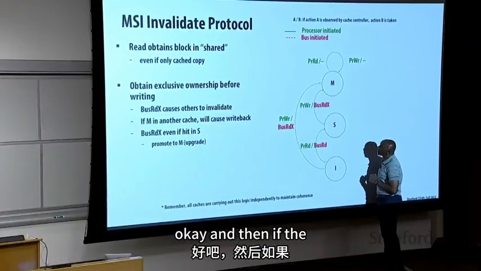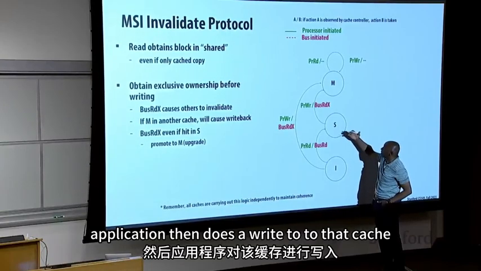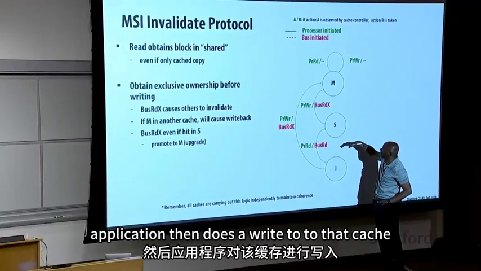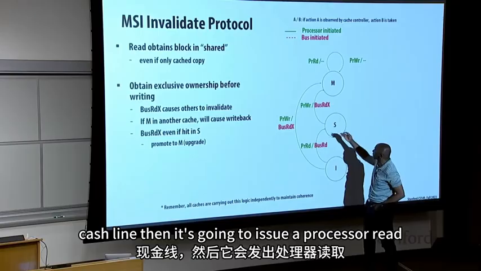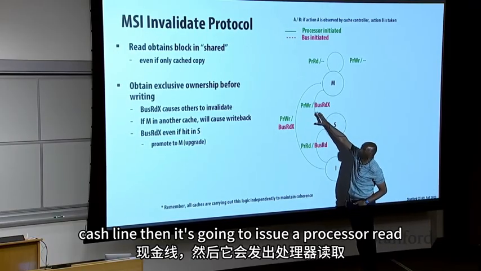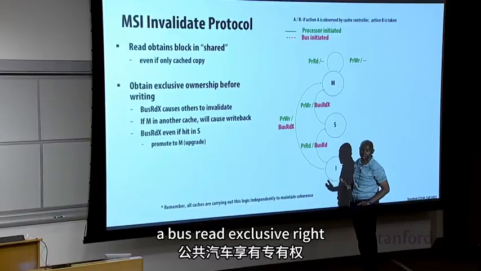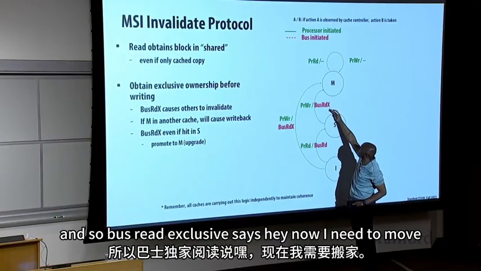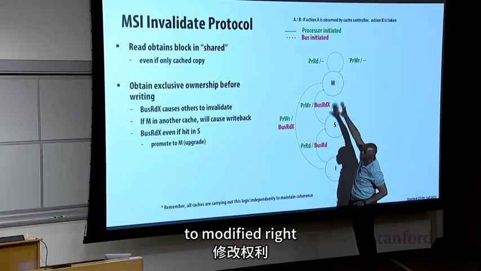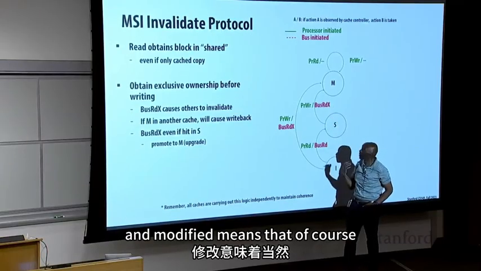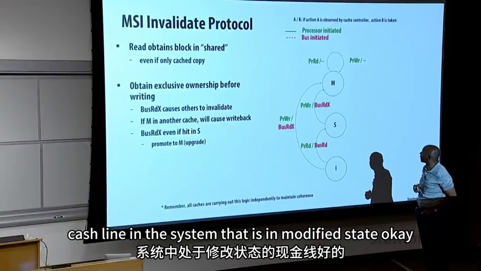And then if the application does a write to that address, which is contained in the cache line, then it's going to issue a processor write, and the result on the bus is a bus read exclusive, right? Bus read exclusive says, hey, now I need to move the state of the cache line from shared to modified. And modified means that this is the only cache line in the system that is in modified state, okay?